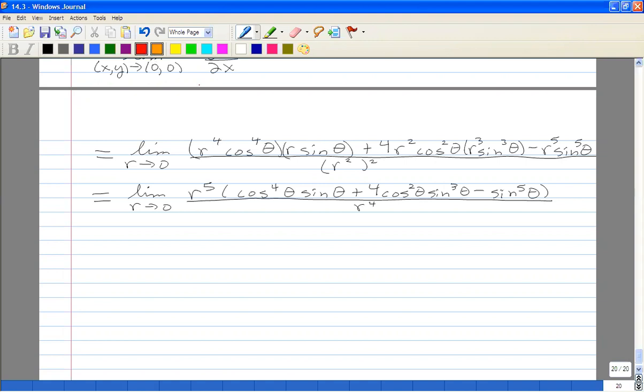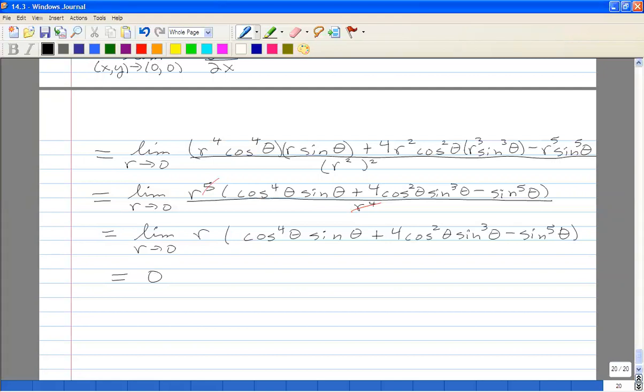And so 4 of those r's will cancel. And so you just get the limit as r approaches 0 of r times something that's bounded, cosine to the 4th theta sine theta plus 4 cosine squared theta sine cubed theta minus sine to the 5th theta, which is 0.